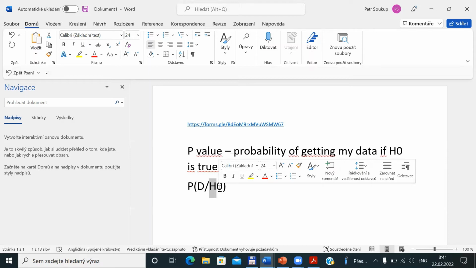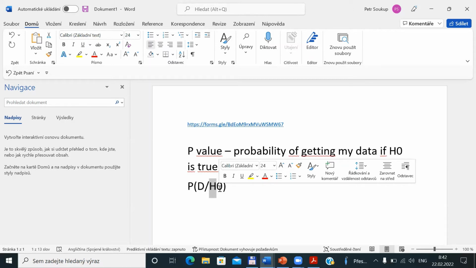Let's go back to the basic discussion about hypotheses in statistics. What's your conclusion if you perform the test? You can reject the null hypothesis and accept the alternative one. The alternative hypothesis is not in the definition of p-value, but you are able to accept it only if the probability of getting your data, if the null hypothesis is true, is very, very low.